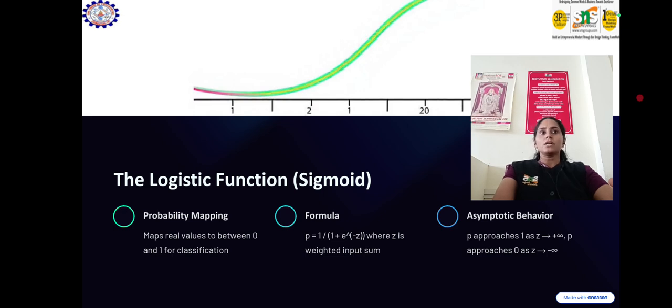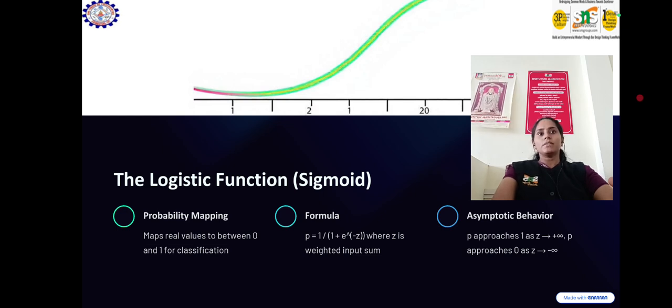The exponential component in the function ensures that no matter how large or small z is, the final result stays between 0 and 1. When z is a large positive number, the output of the sigmoid function approaches 1, indicating a high probability of the event occurring. When z is a large negative number, the function approaches 0, indicating a low probability.